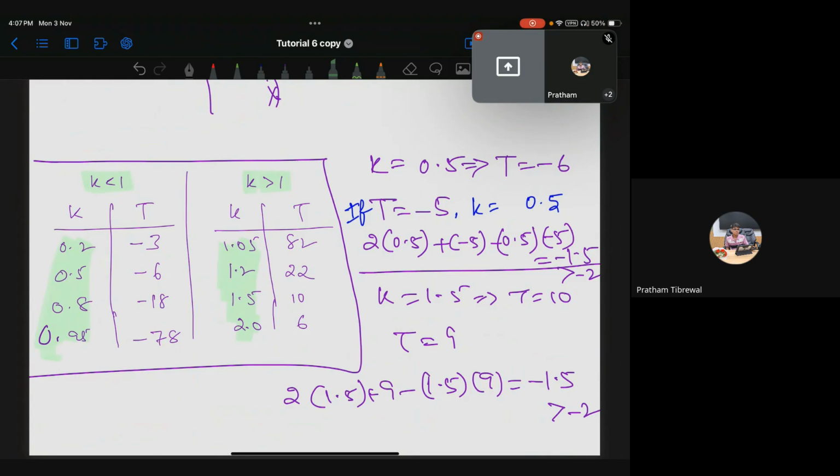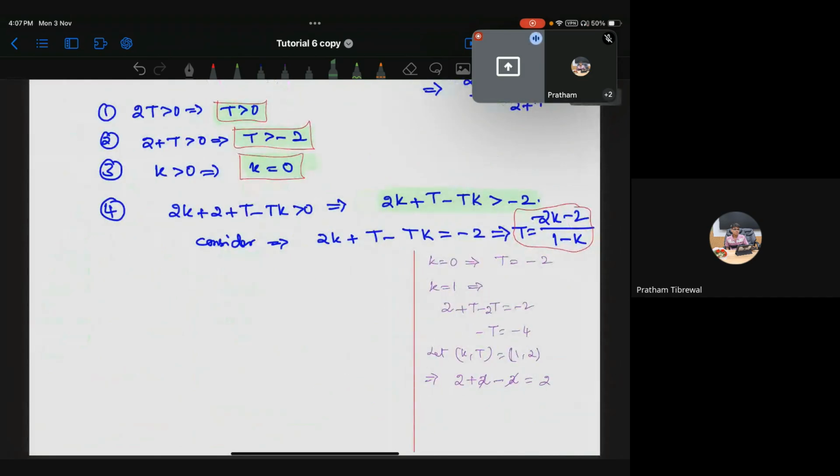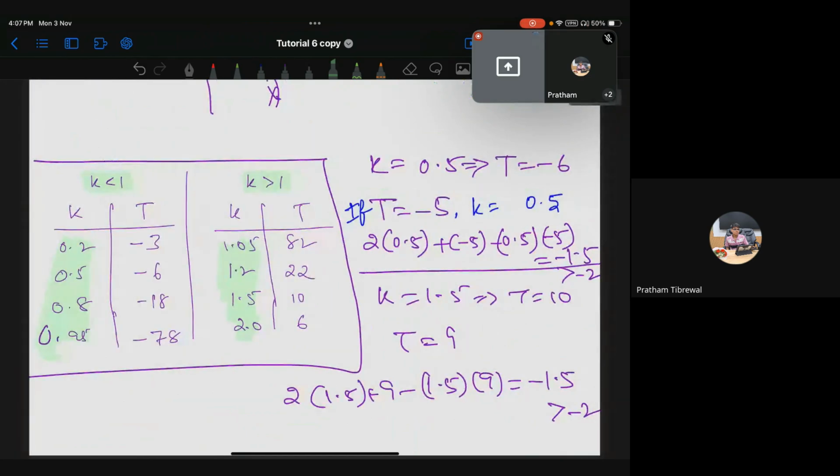Okay, what we need here is this expression must be greater than -2. So it means this is our requirement. No, sorry, this is our requirement. t is giving us positive values greater than -2.